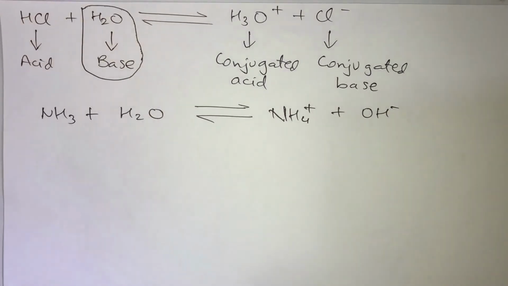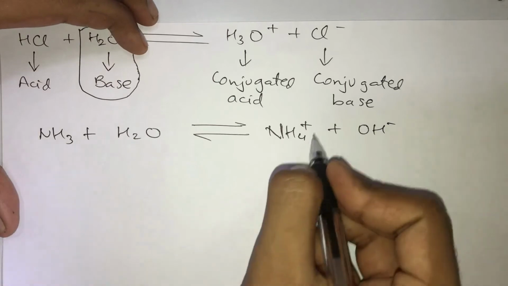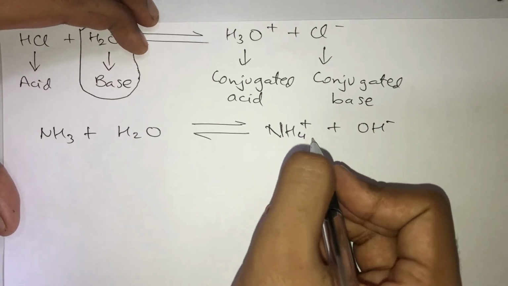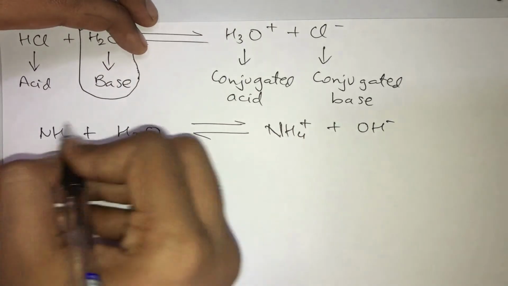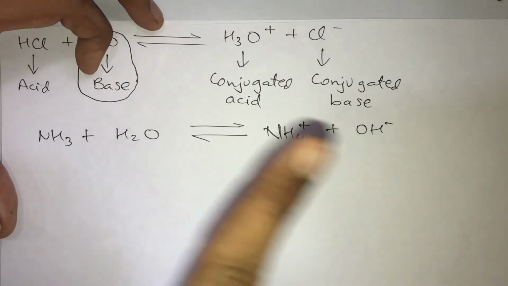Now in this reaction, can we see over here this NH3 is getting converted into NH4+, and when this NH3 is getting converted into NH4+, can we say that it is accepting one H+ ion?